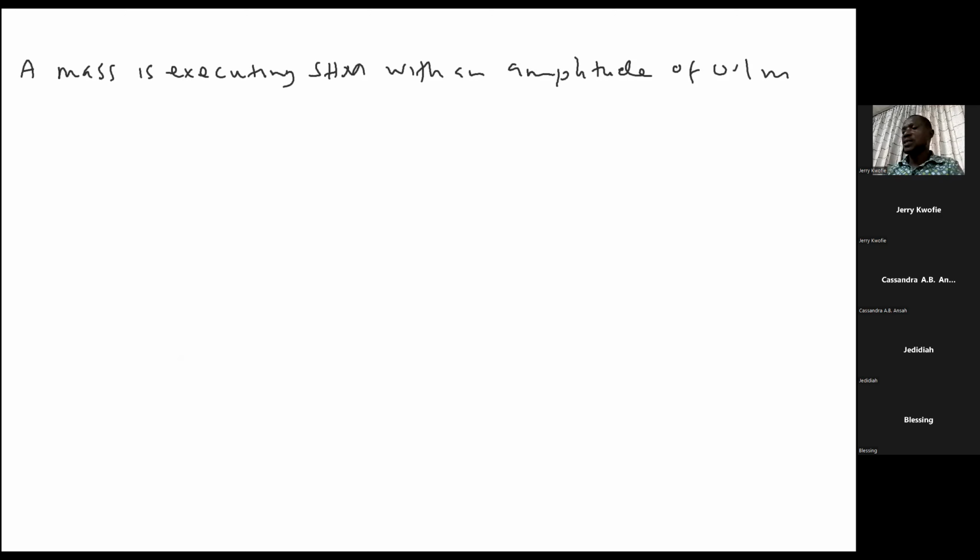A mass is executing SHM with an amplitude of 0.1 meter and a period of 4 seconds.